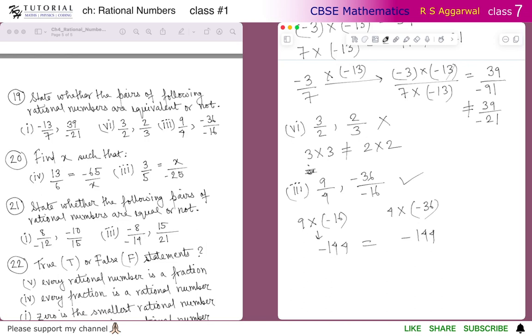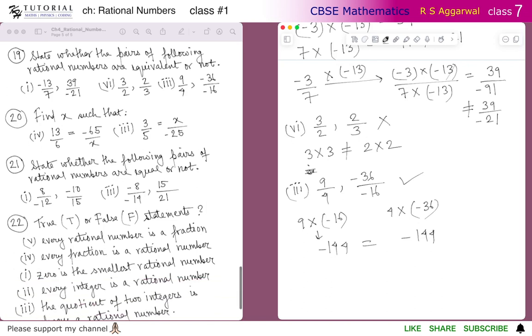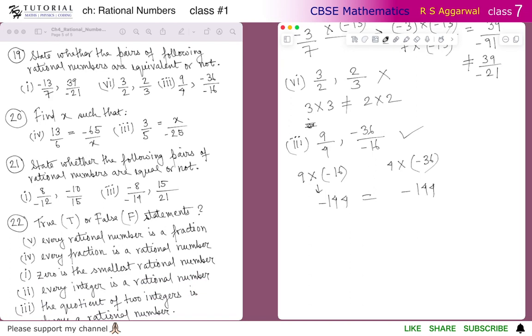If so, then they are equivalent. Let's say this was 9 by 4 and minus 36 by minus 16, which I checked by doing cross product. Let's say the other method: I have 9 by 4. Now, in the second rational number, the numerator is minus 36.